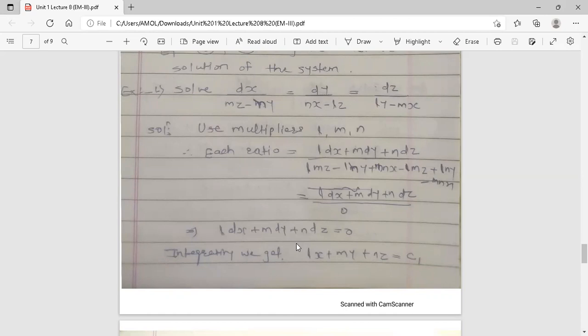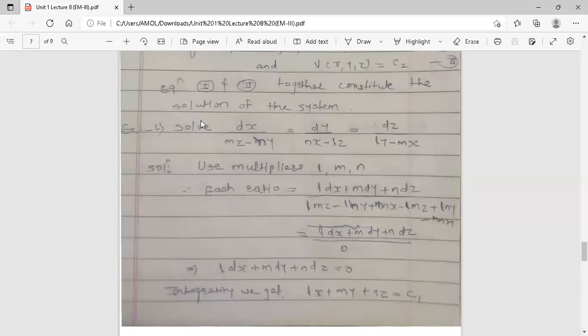So integrating, we get l times the integral of dx, which is x, plus m times y, plus n times z. So the solution is lx plus my plus nz is equal to C1, the constant of integration. We want two sets of solutions, so for the first set we use the constant C1.